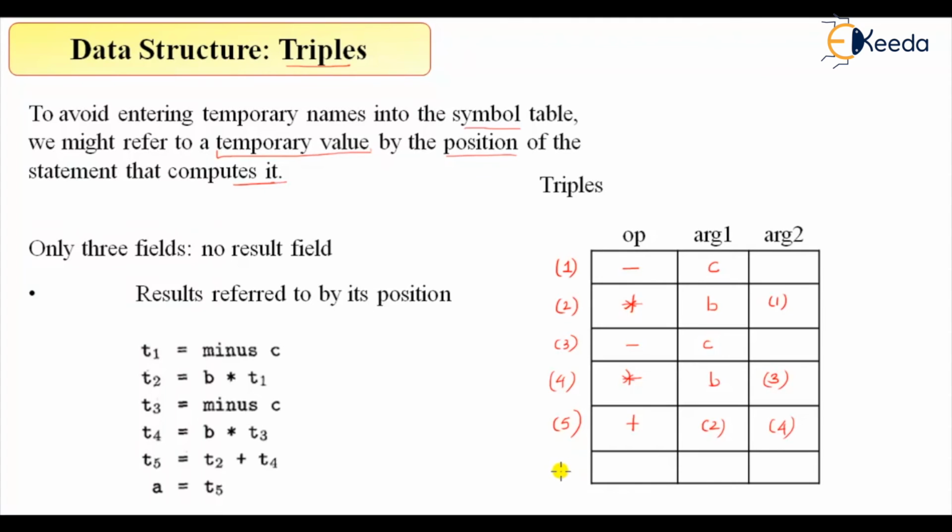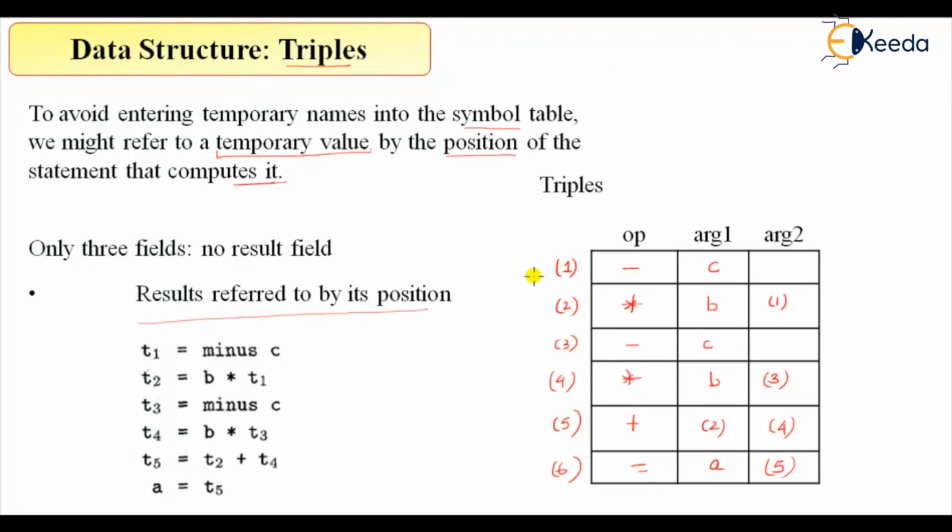Then assignment treatment is a bit different over here. This is 6, assignment, and the idea here is that both argument 1 and argument 2 places are used, and here we'll write a, and in this way we'll write position 5. So that is the idea of triples, and the only thing is that result fields are referred to by their position.